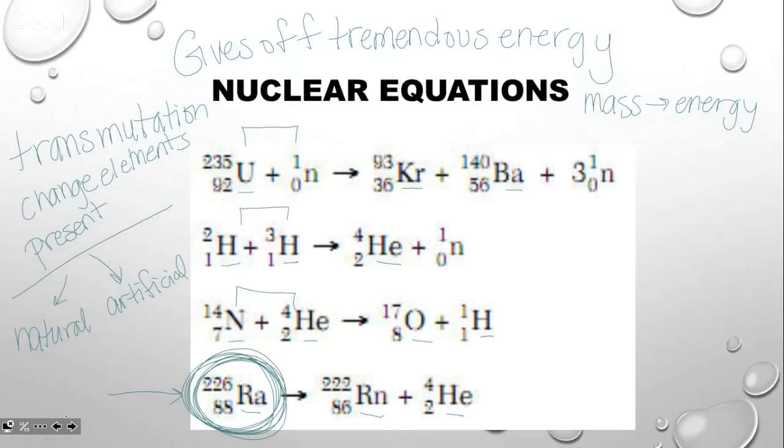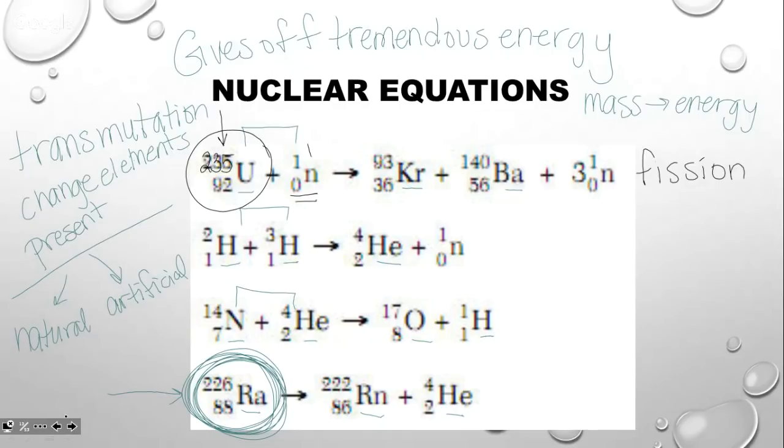Now, among the artificial transmutations, we have a couple of specific types. So here, this one specifically is called fission. Usually, I don't know if you can see, but this says 235. That's a really big mass number.